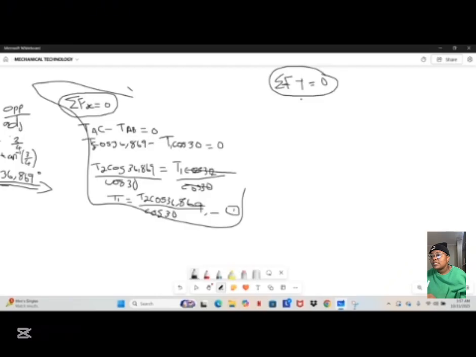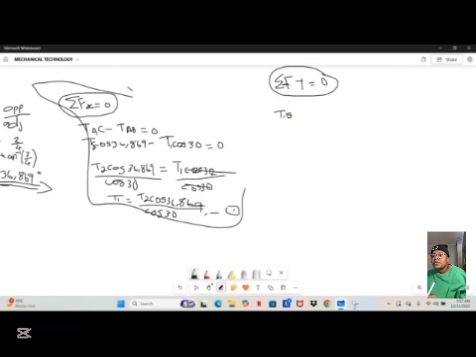So we're going to have T1, as you know, TAB. It's equal to T1 sine of 30, plus this one, we're adding them together, T2 sine 36.869.